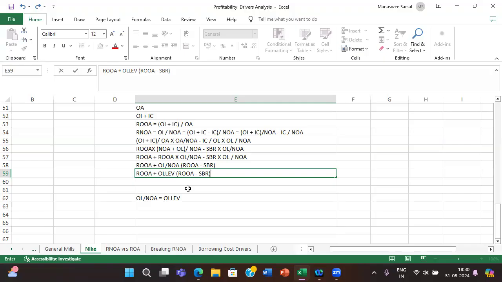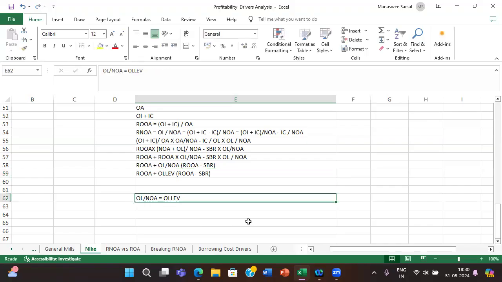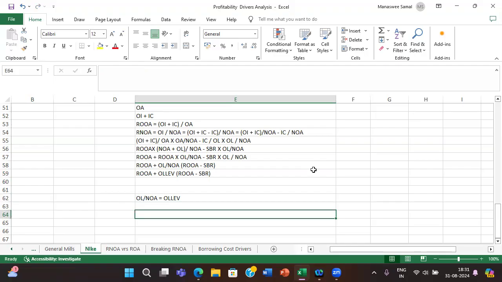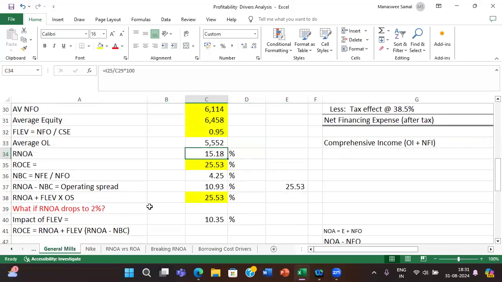So the departure between RNOA and RUA is because of what? Which leverage? This leverage, operating liability leverage. Quite possibly the story could look like this. If General Mills final return, let me just check how much the ROC was.